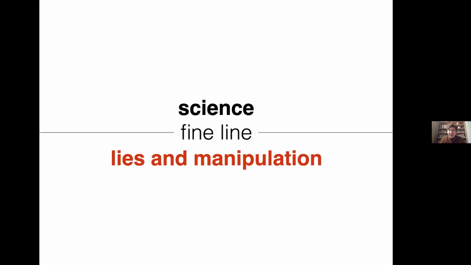Another thing that I come across when talking about data visualization, although I feel like this is starting to change in terms of people's perception, is that we've got science, and we've got this really fine line, and then lies and manipulation. Lies and manipulation being we're deleting data points and moving them around, and in the process of making everything pretty, we're lying and manipulating our audience so they see exactly what we want them to see.